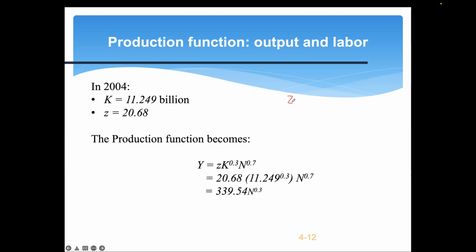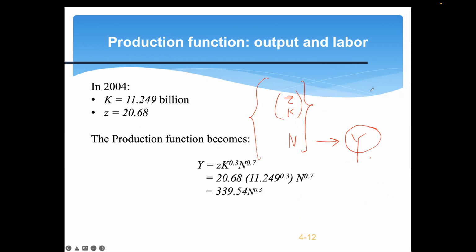Now we are going to look at the other side of the same production function. Instead of fixing N, we are going to fix K. So these two are given. Now we are going to look at how N is going to affect Y. Remember, originally this is three-dimensional input and Y, one-dimensional output.